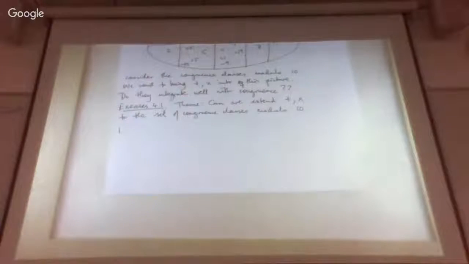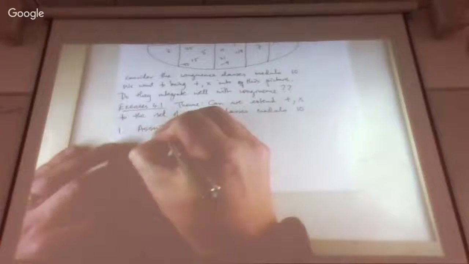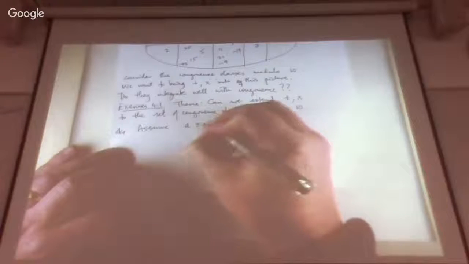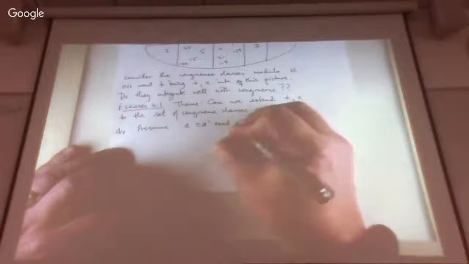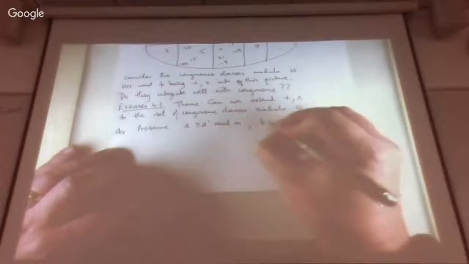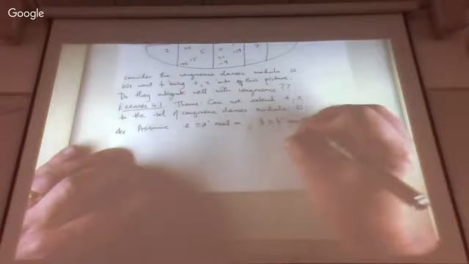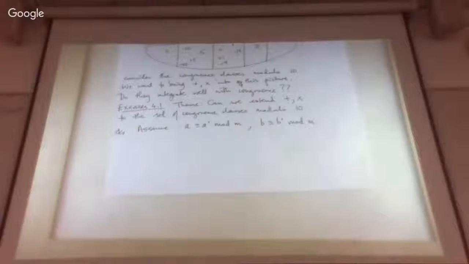So let's look at the simplest case. The simplest case talks about addition. So in all the following, this holds for all the parts actually, we assume that A is congruent to A prime modulo n, and B is congruent to B prime modulo n.